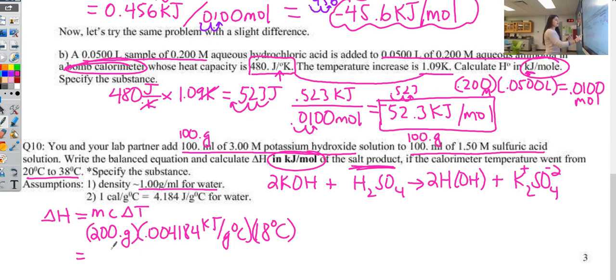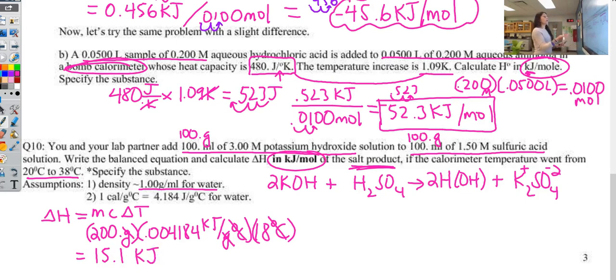Again, it looks like 3 sig figs. Like I was mentioning earlier, we kind of want to leave the temperature out. Usually they'll give us more sig figs on the temperature anyway. So I'm going to say that this is 15.1. Okay, you really would have to just say 15 in that case, but 15.1, my grams cancel out, my Celsius cancels out, and I'm left with kilojoules.